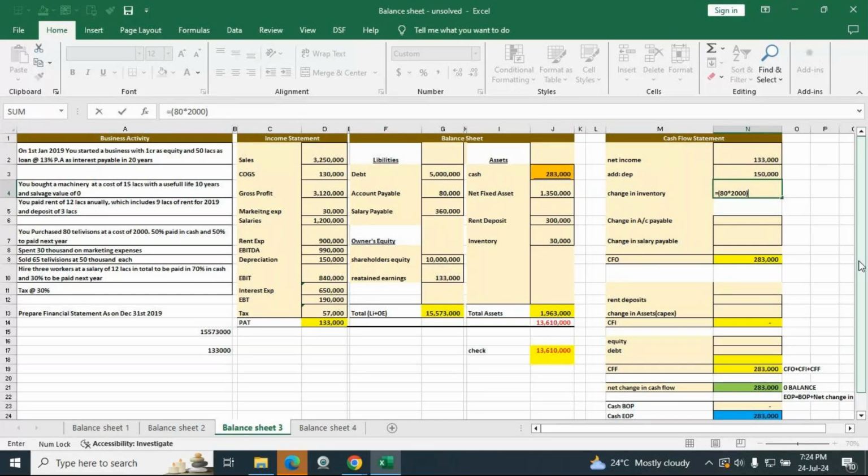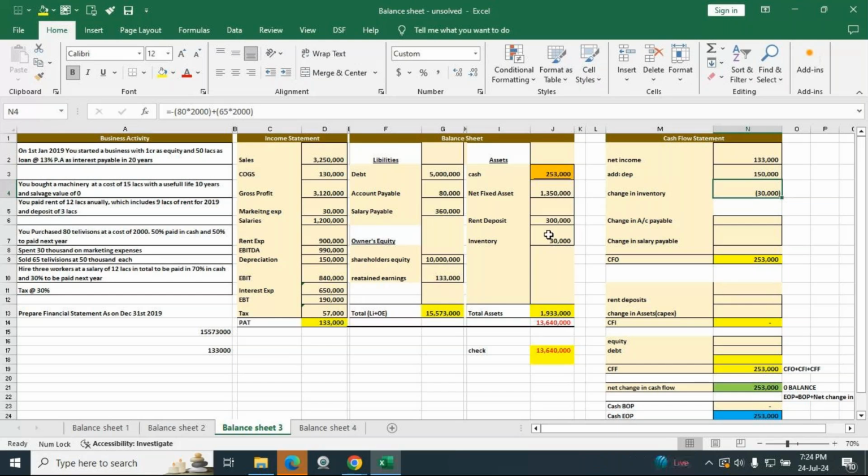Whatever sales have happened, 65 into 2,000, is the amount I have spent. So here I am going to take this value in minus, so it is 30,000 rupees. That is the change in inventory, the inventory left with me.